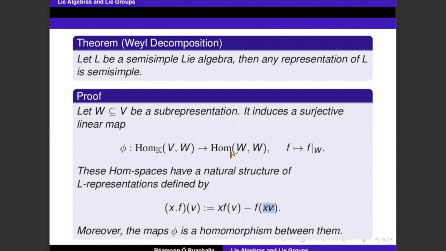X acting on v also makes sense because v lives inside the big V, which is a representation. Then we can act upon this new element in V by F. And it's the difference between the two of these things that gives us a representation. So you should check that.